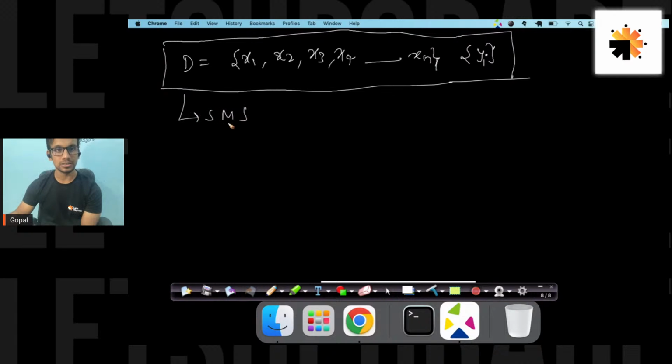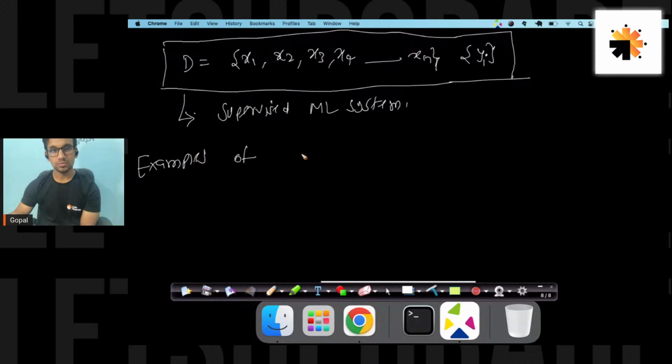Now, examples of supervised machine learning systems.